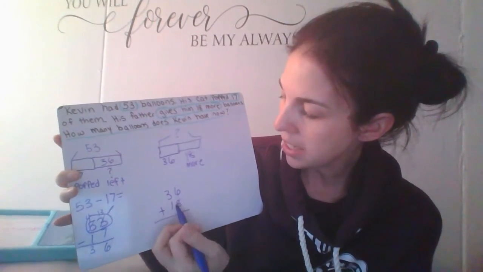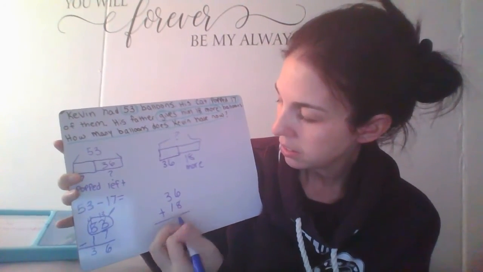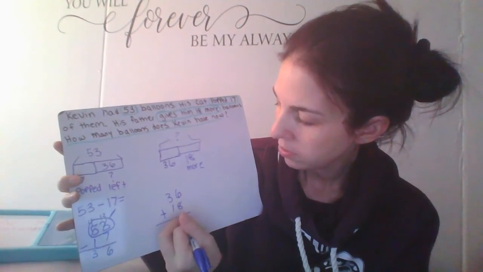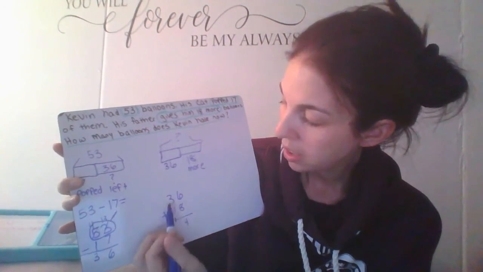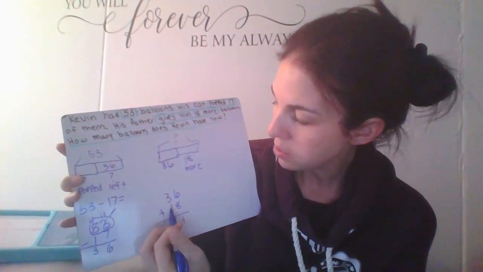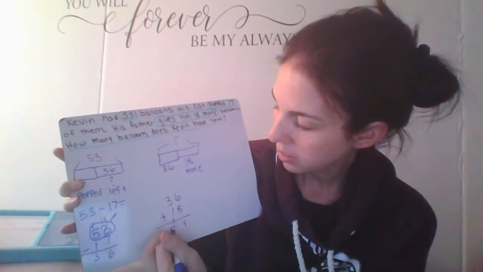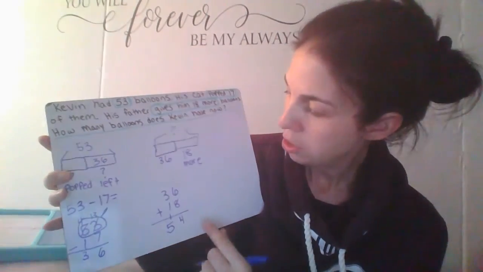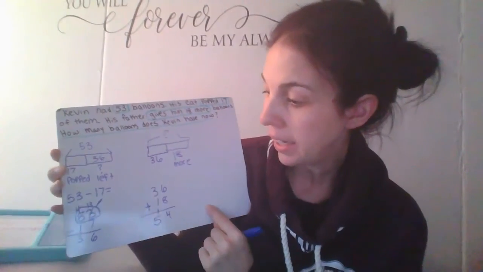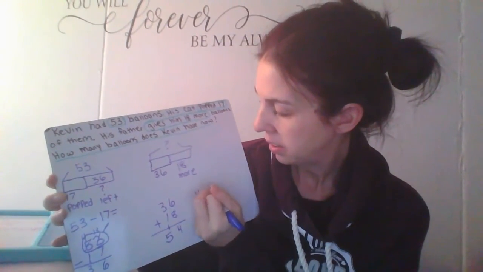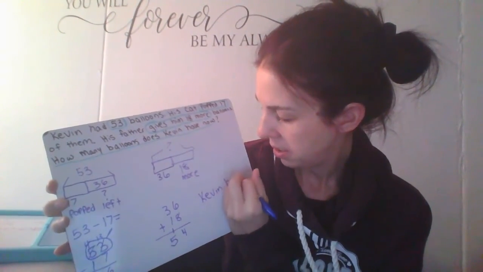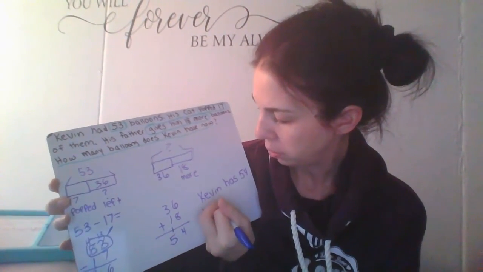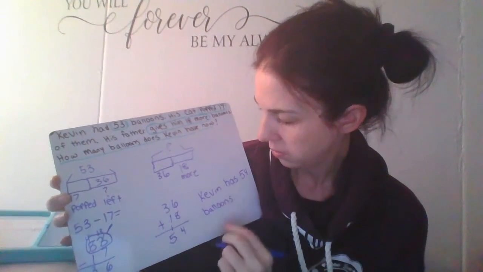So 6 plus 8, 3 plus 1 plus 1, 54. Okay? So my sentence would be, Kevin has 54 balloons. Okay?